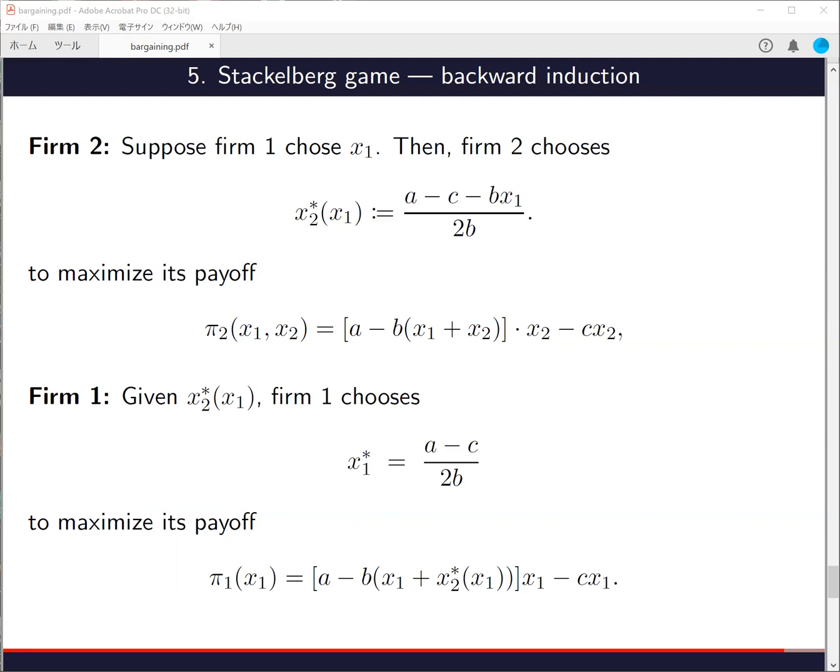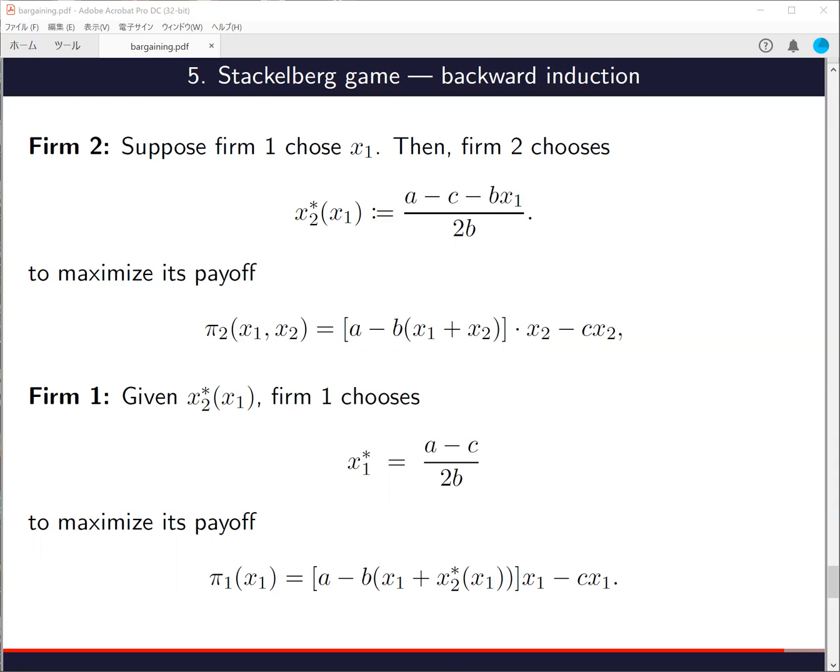Now, taking the best response function of firm 2 as given, firm 1 maximizes its own profit. Note here that firm 1's problem is different from firm 2's problem since firm 1 takes into account the fact that firm 2 changes its output x2 depending on x1, while firm 2 takes x1 as given.